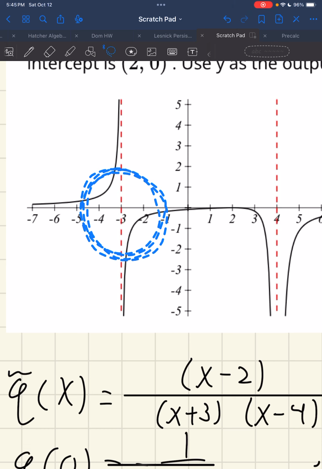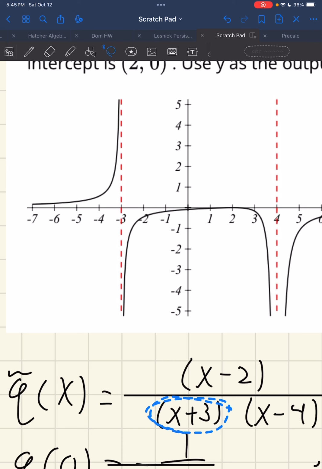This asymptote at x equals -3 comes from this x plus 3. Again, the way to really talk about multiplicities is using more calculus, but the intuition is there. The multiplicity for this guy needs to kind of mimic what's happening in this area.